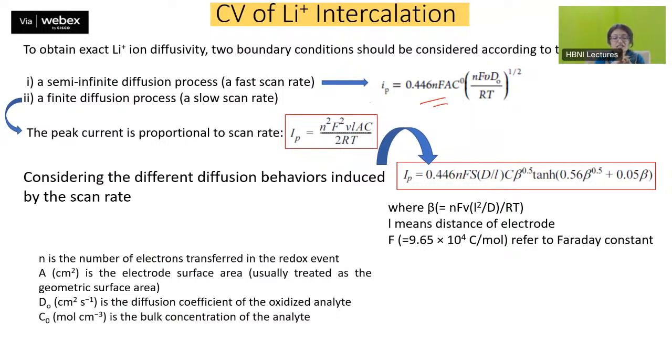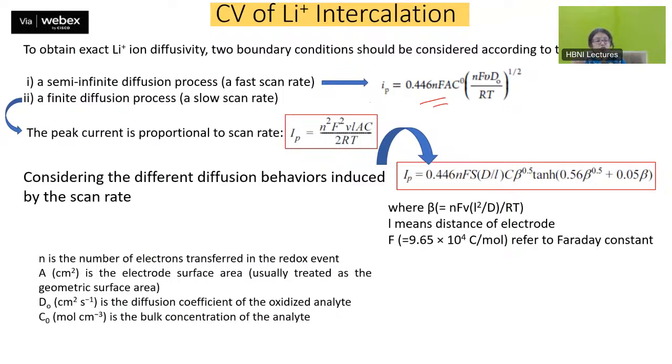Whereas if it is a finite diffusion process, that means it has a very slow scan rate, in that case the peak current is going to become proportional to your scan rate. So instead of IP being proportional to nu to the power of half, in this case IP is directly proportional to nu. So these are two different ends of the spectrum. This is how your peak current is going to change.